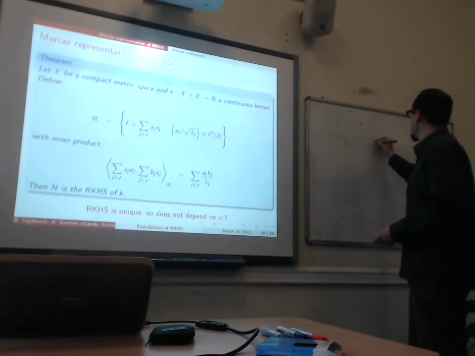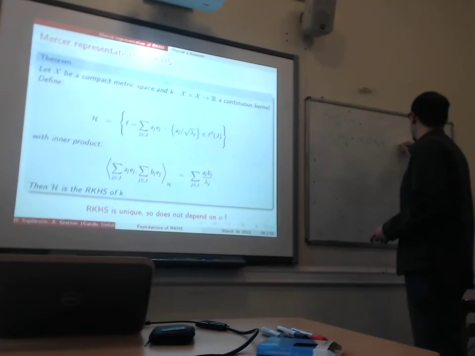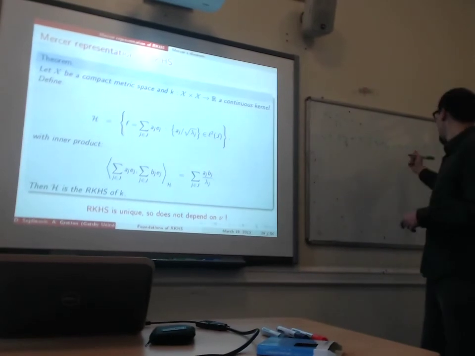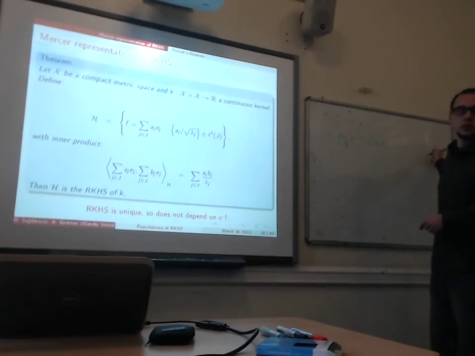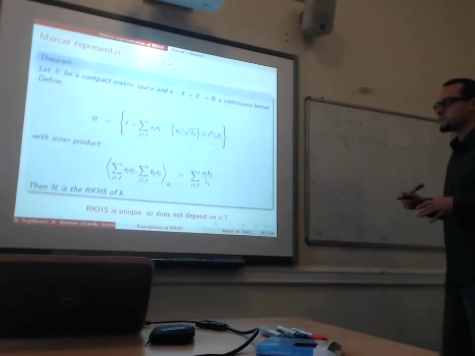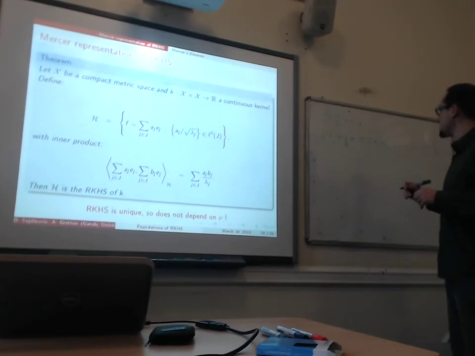By the definition of the inner product, this is the sum of a_j squared divided by lambda_j. That is definitely strictly greater than 0 as long as one of the coefficients is not 0. And so you only get that being equal to 0 when all of the coefficients are 0, when our function is 0. So that's a valid inner product. That's the first thing we need to prove.